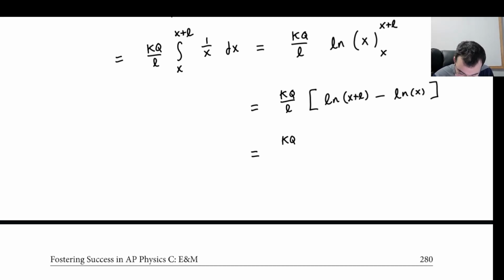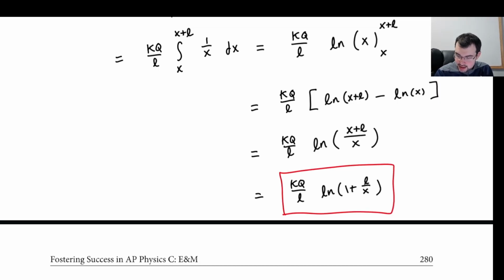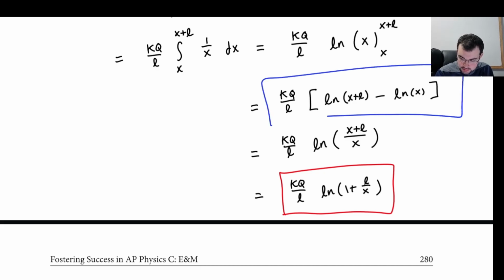So we can combine these logs using division and get an answer this way. If we really wanted to do some simplifying, we could even write it a step further and distribute that x to get it in this form. But I honestly think stopping at this form in blue might be more informative for us.